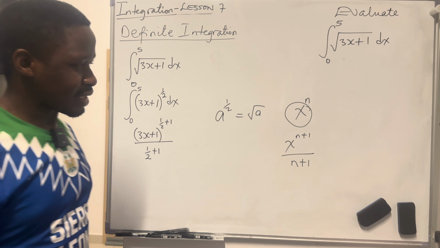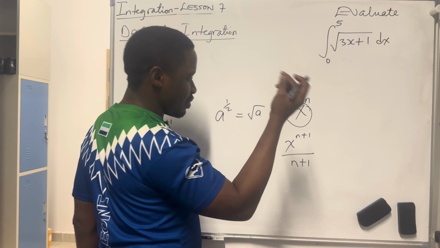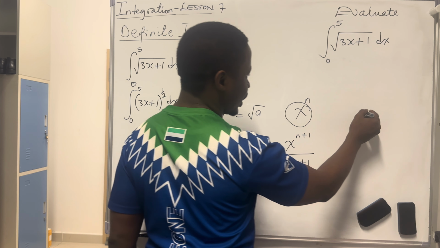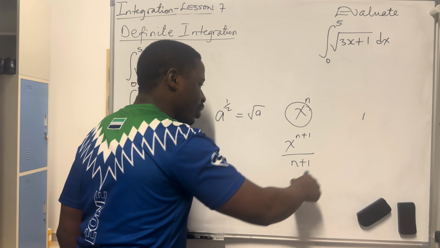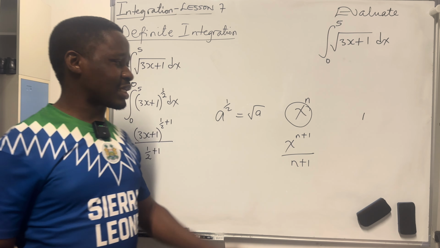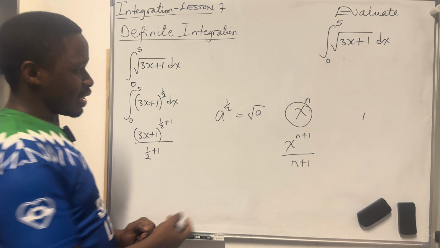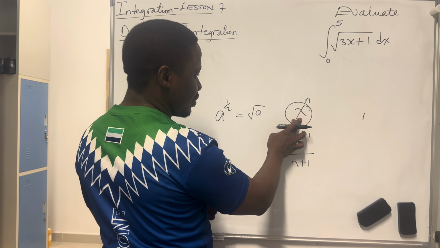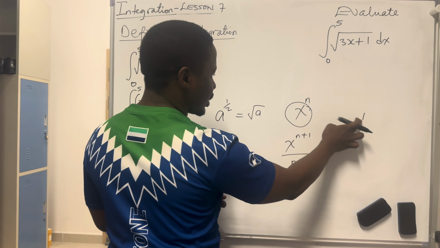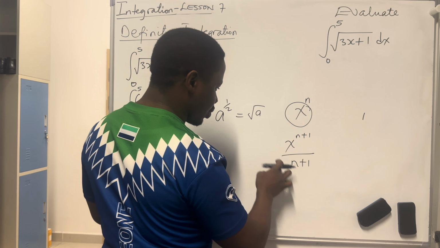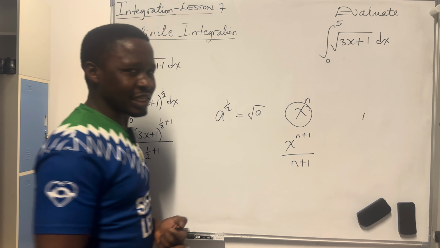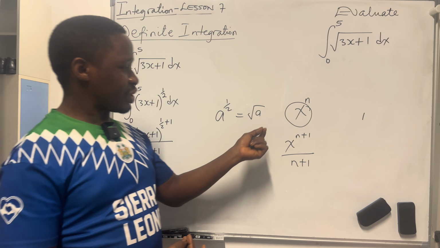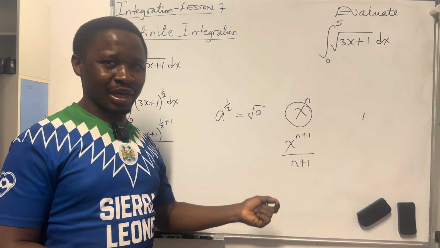If you differentiate x, what do we get? We get 1. 1 times whatsoever is the same as whatsoever. That is why usually you see it just ends here.